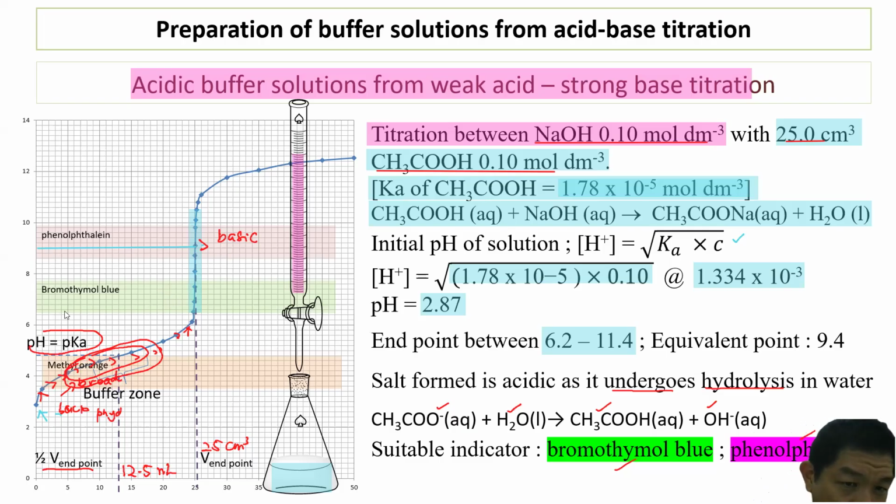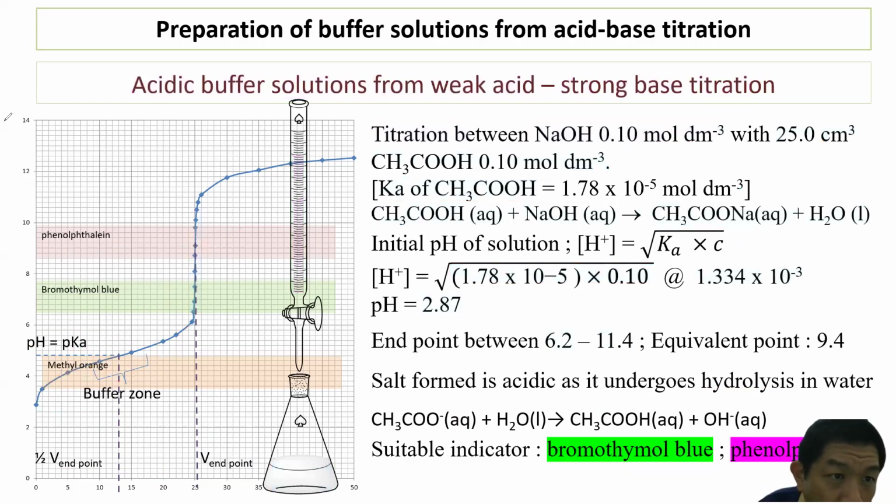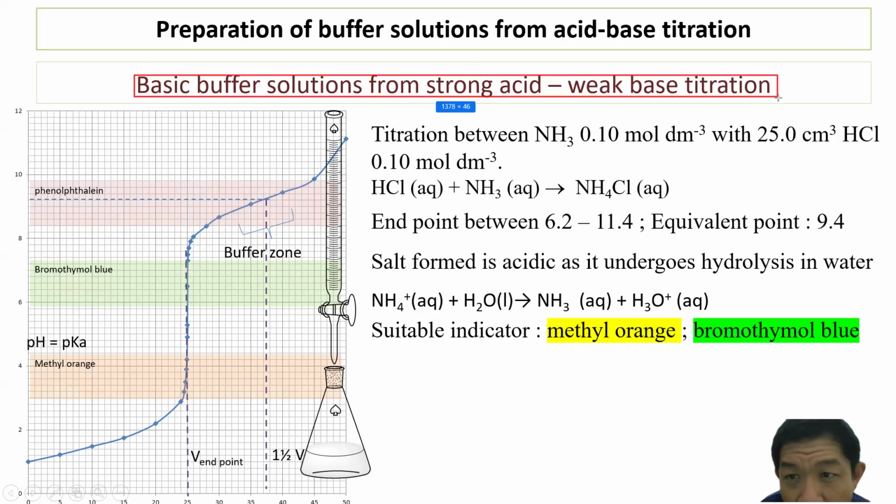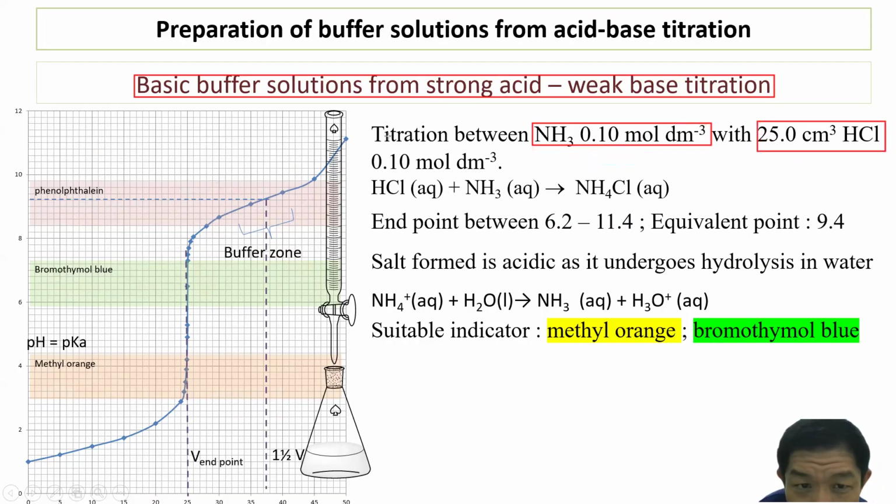Okay, so finishing the acidic buffer solution, we go to the basic buffer solution. You can form a basic buffer solution during the titration between a strong acid and a weak base. Here you have the titration between 0.1 ammonia and 25 cm3 of 0.1 HCl according to this equation, so you form NH4Cl.